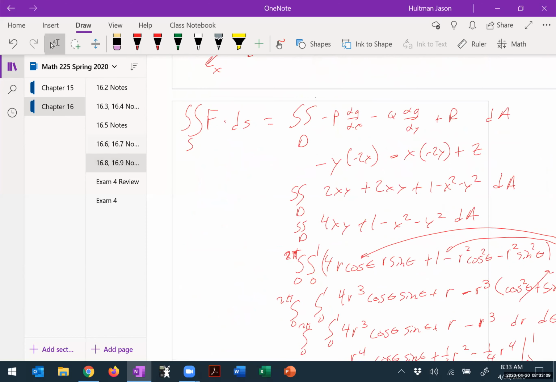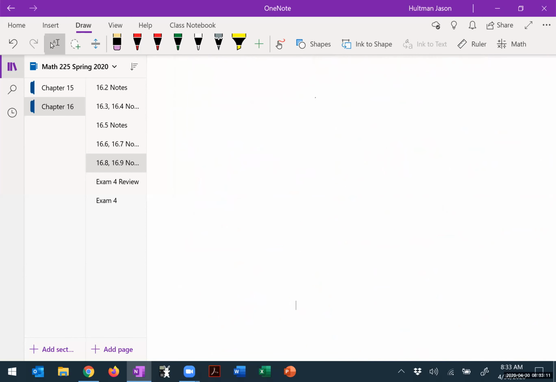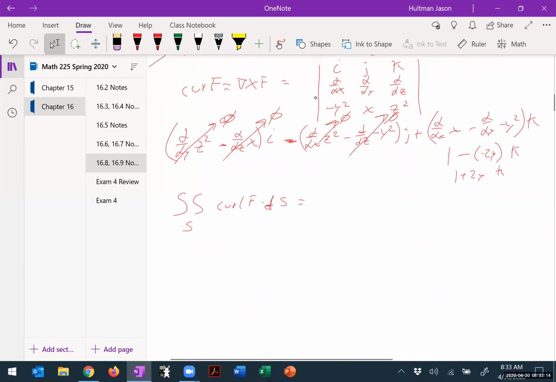Well, what was the curl of f? The curl of f is this guy here. So we're just going to let that be our new f. So the curl of f is equal to Pi plus Qj plus Rk, right?